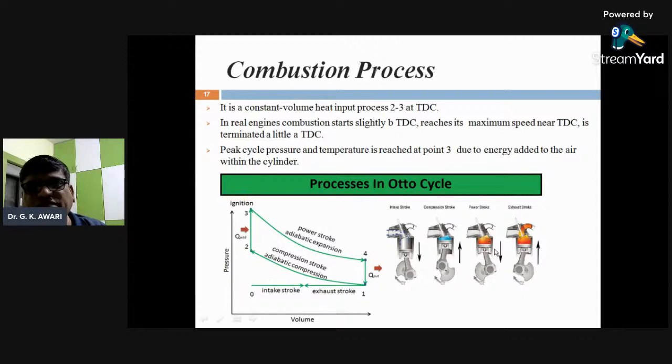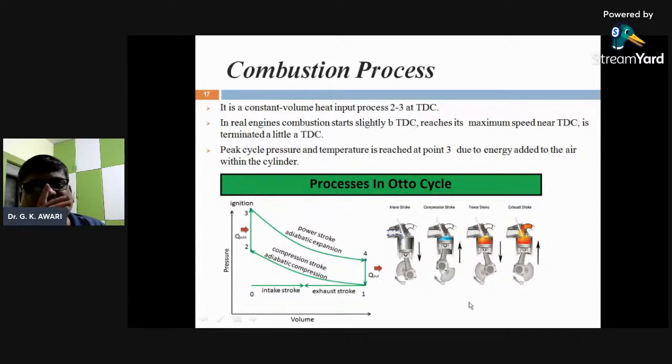So this power should be utilized for the other three strokes, the intake stroke, compression stroke, and exhaust stroke. The rotation of the crankshaft should be smooth and operate at the same speed. Therefore, flywheels are used in the IC engine.